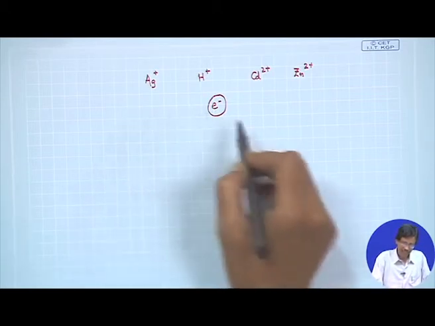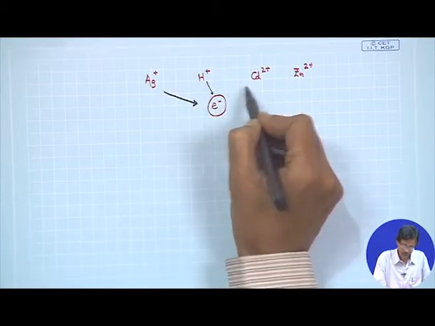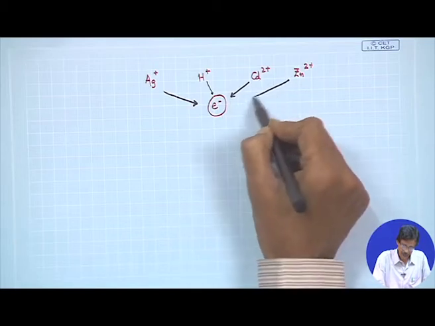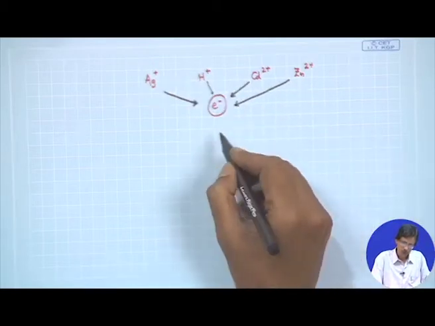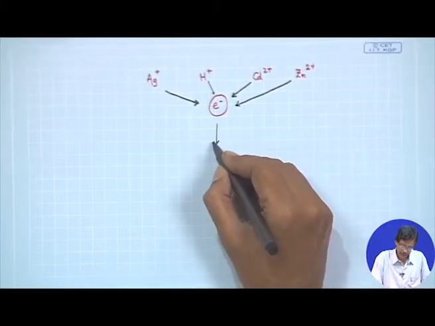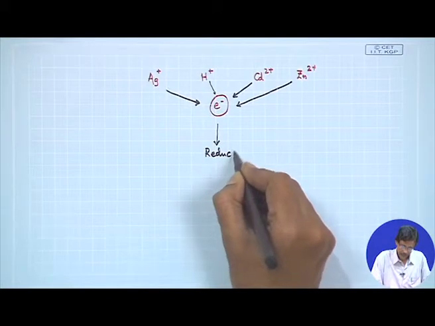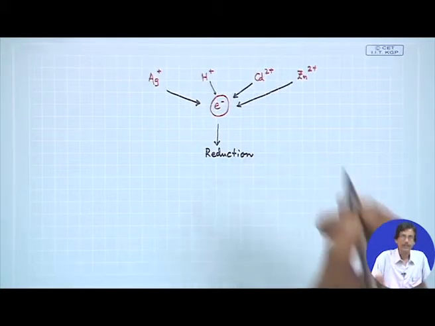So, if this can accept an electron, this can accept an electron, and so on, we see a typical ionic reaction, or a half cell reaction, for a reduction.